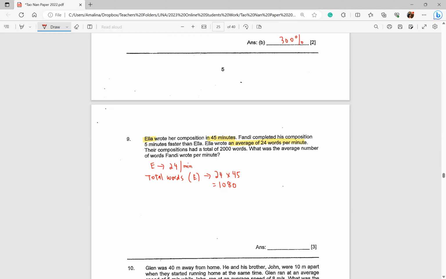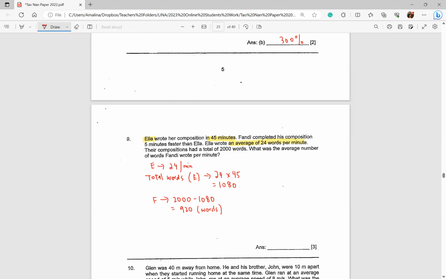So I will take my 2,000 words, my total words in the composition, I minus off the words that Ella wrote, the 1,080. So I will get my 920 words. So these are the words that Fandi actually wrote for this composition.